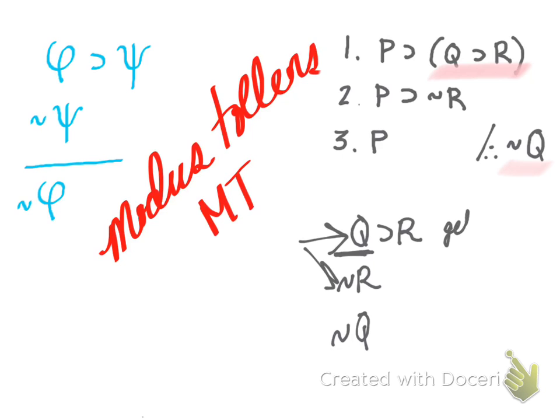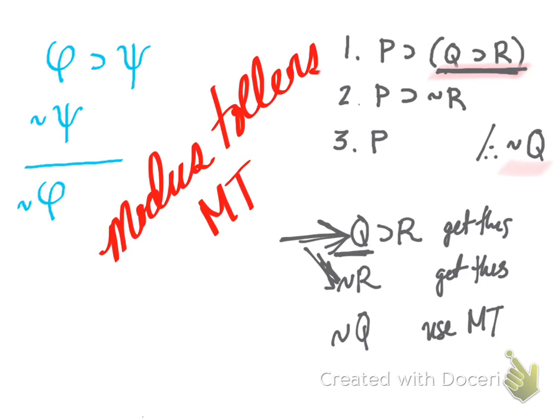Get this, then use modus tollens. So now I have two things I'm working towards. Can I get this? Can I get this? Well, what does it take to put the consequent of a conditional on its own line? That's something that modus ponens lets you do if you have the antecedent of that conditional, and we do.